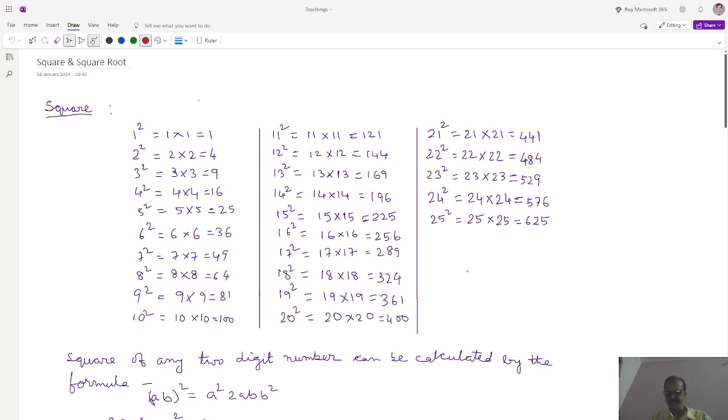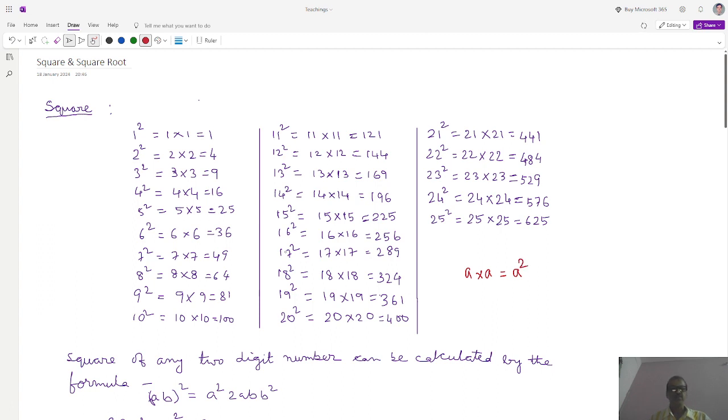That is, if we take a number, this is A, then if we multiply A into A, we will get the square of the number.